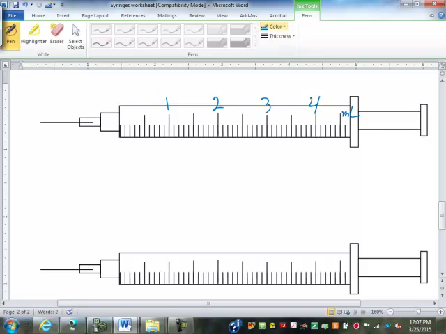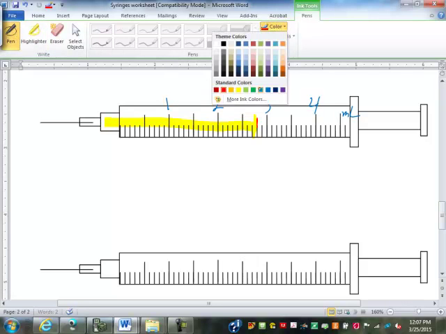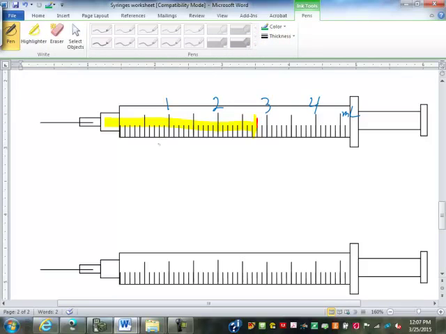So on this one, let's say that we are filled to this point here. So once again, find out from here to here, that's 2 milliliters minus 1 milliliter, or 1 milliliter of difference, spread out over 10 divisions.